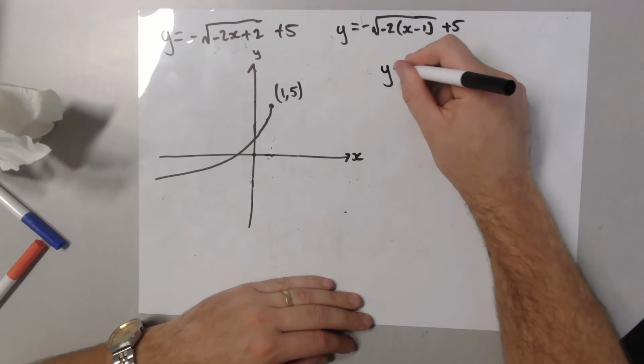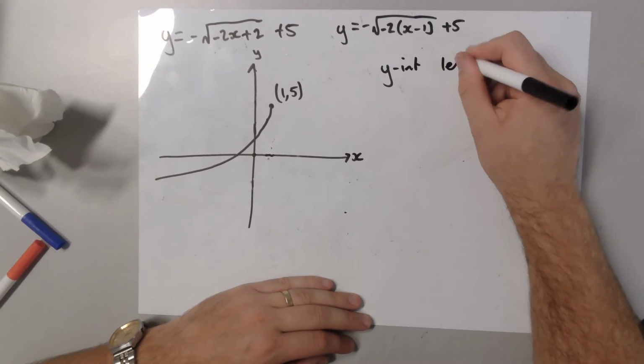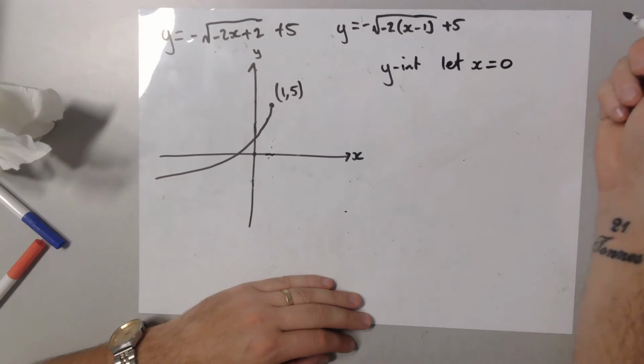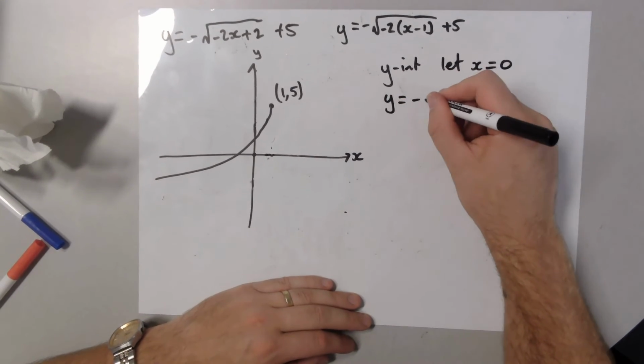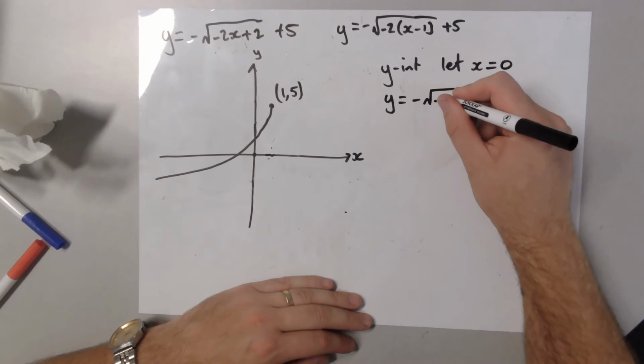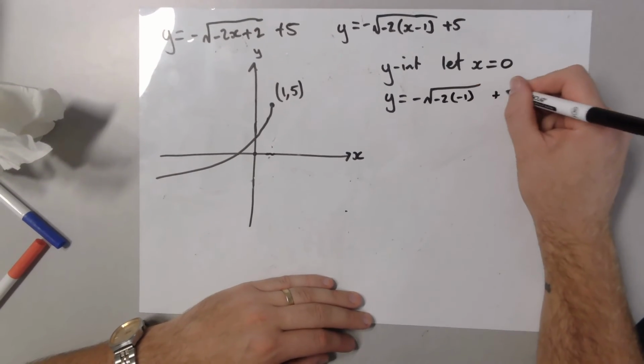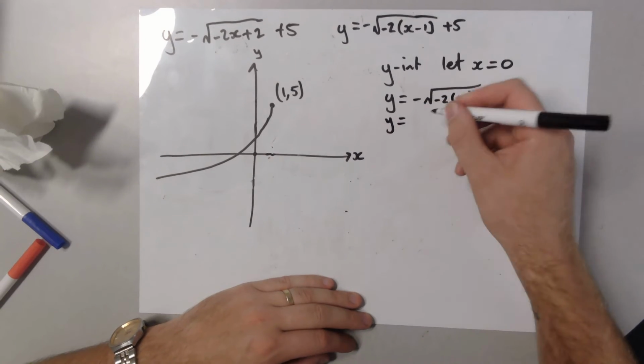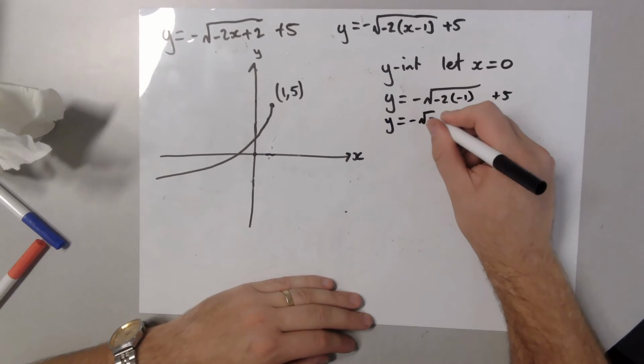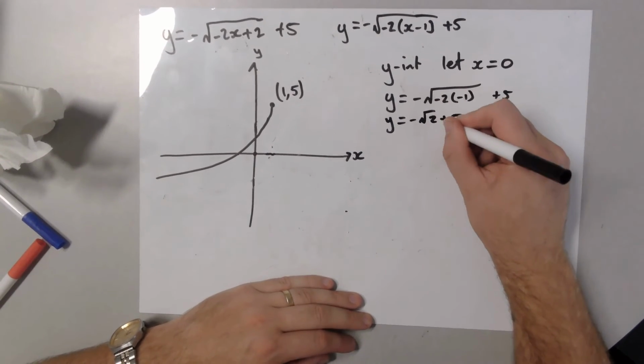Y-intercept: let x equals 0. So when I do that, I get y equals negative the square root of negative 2 times 0 take 1, which is negative 1 plus 5. So y equals negative root 2 plus 5.